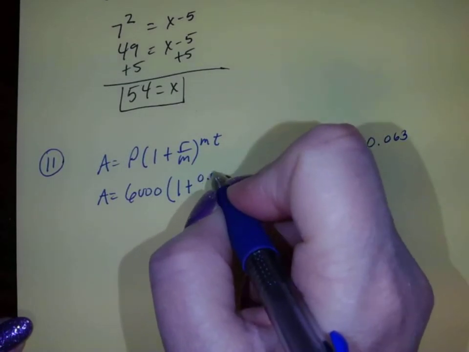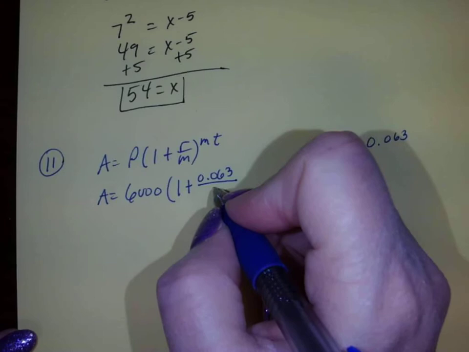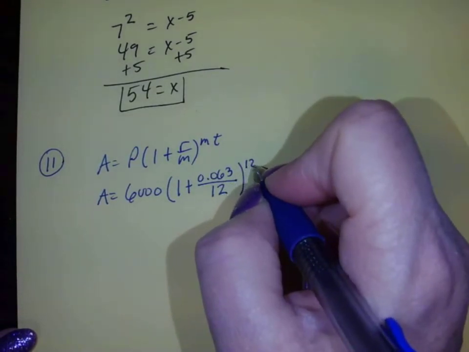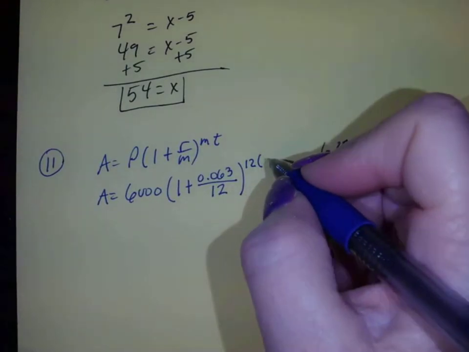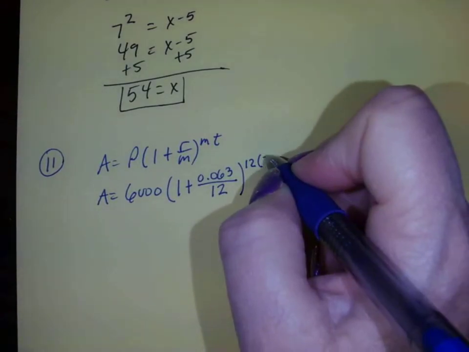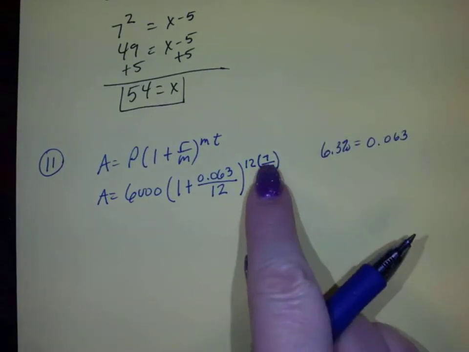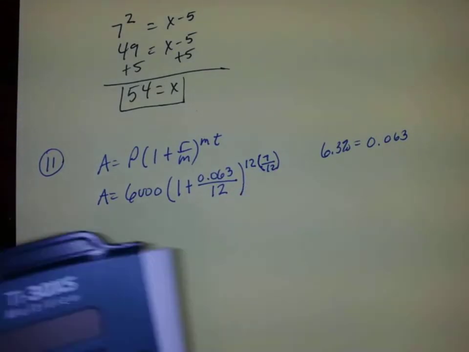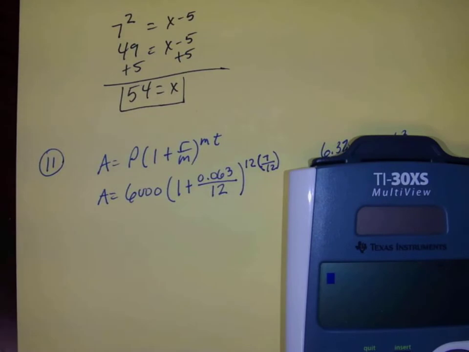So 0.063 divided by compounded monthly. Monthly is 12, raised to the 12 times the amount of time. It's 7 months, and it needs to be in years, so you're going to put 7 out of 12 months. So 7 divided by 12, because 7 months, not a whole year, so put it out of the number of months.